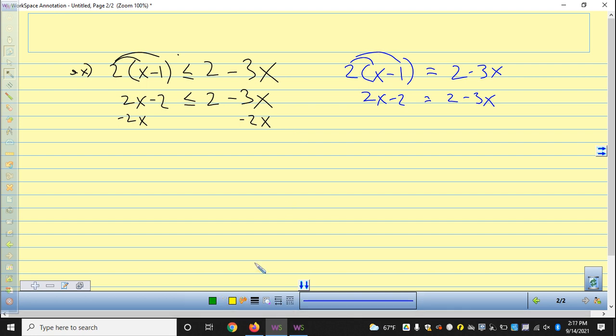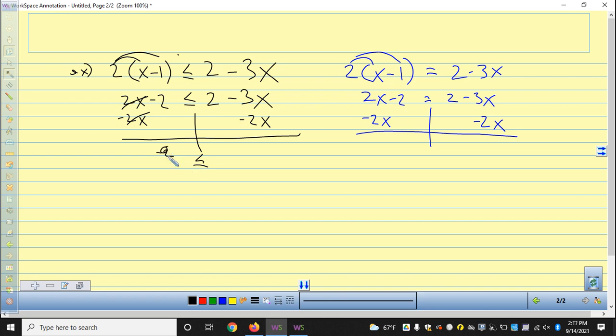And I'm going to do the same thing if it's an inequality or an equation. Well, these go away on this side, and I get negative 2 less than or equal to negative 3x minus 2x, negative 5x. Same thing here. Those go away. Negative 2 equals 2 minus 5x.